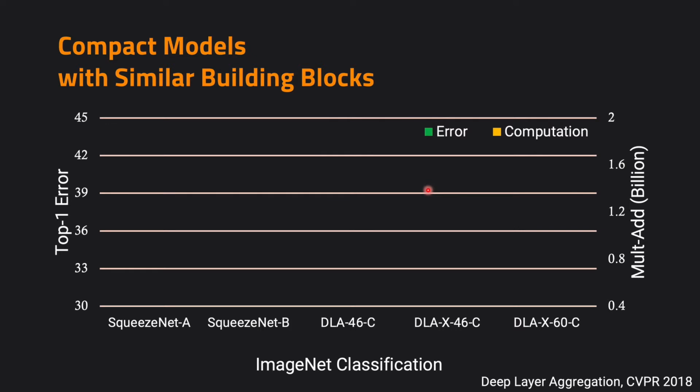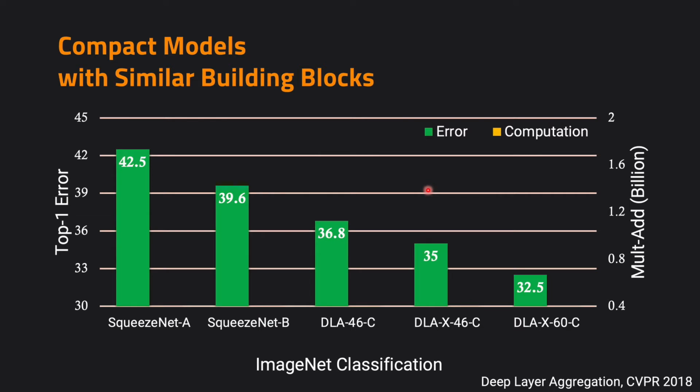It turns out that this structure can also be useful to design very small models. For example, here we have some small models with many layers, but within each layer there are much fewer parameters. Overall, in those networks there are around 1 billion multiplications and additions.